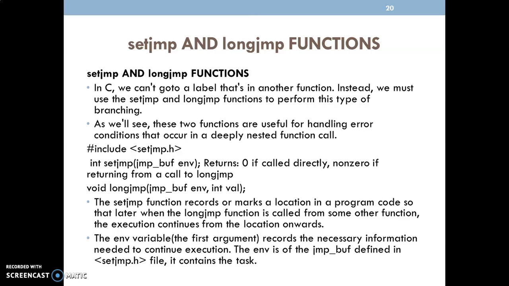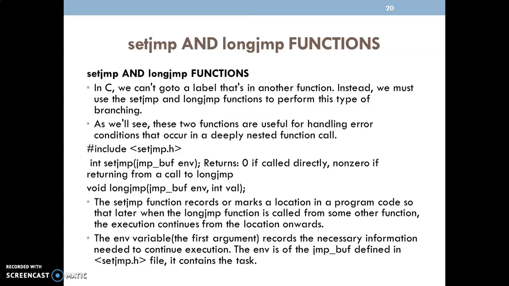If something goes wrong in the add function, we cannot come directly back to the main function. We can't transfer the control back to main by using a goto label. So to overcome this problem, we use the setjmp and longjmp functions.